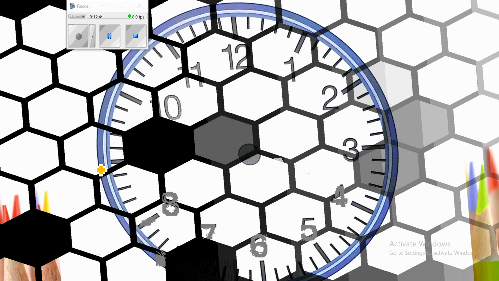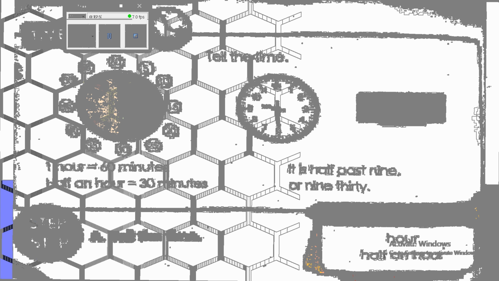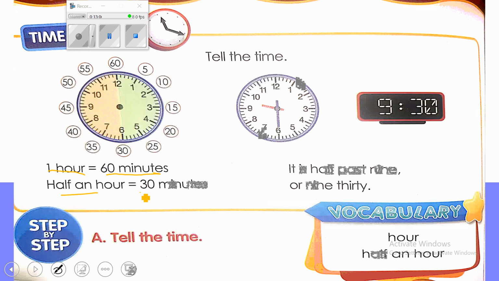Let's find now. Revise our information. As I told you, 1 hour means 60 minutes. Half an hour is 30 minutes. 1 hour, 60 minutes. Half an hour, 30 minutes.